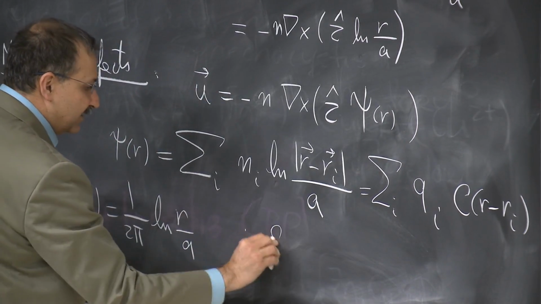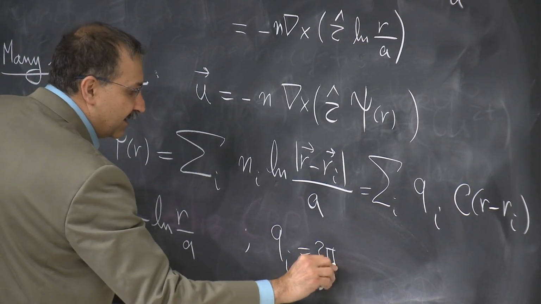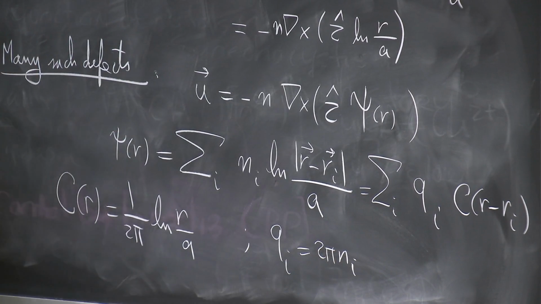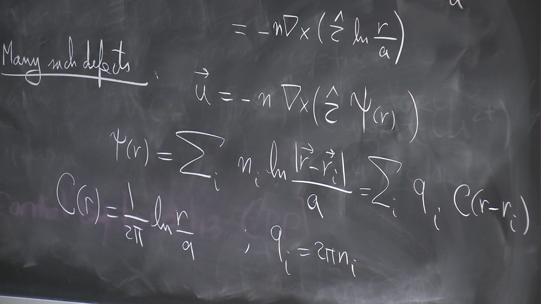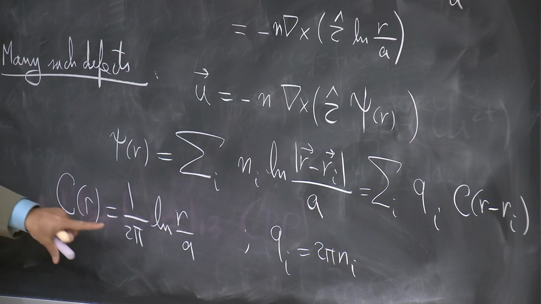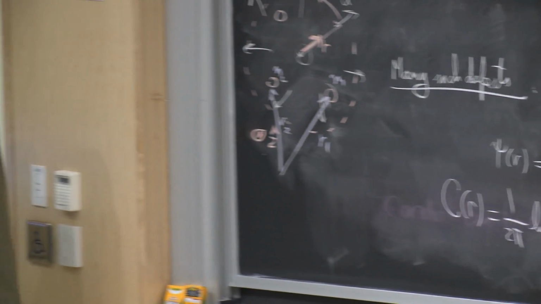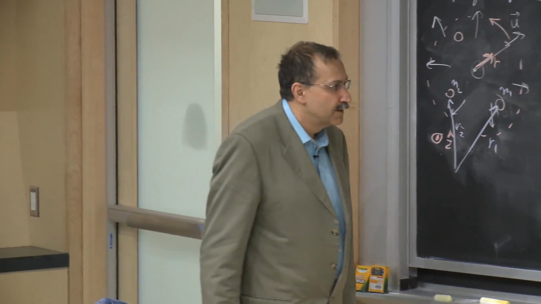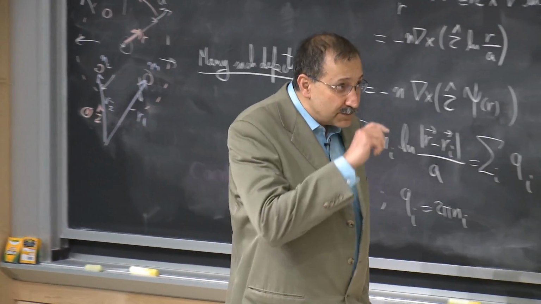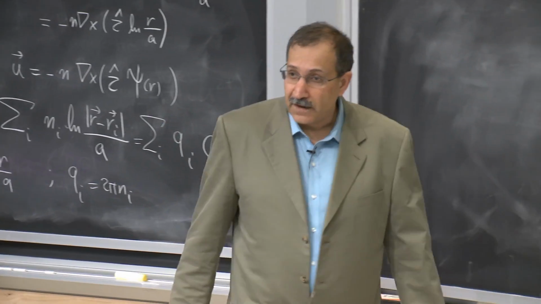So essentially qi is 2 pi ni, is the charge of the topological defect. It can be plus or minus 2 pi, and then the potential is constructed by constructing a superposition of those charges multiplied with the appropriate Coulomb potential. Okay? All right?